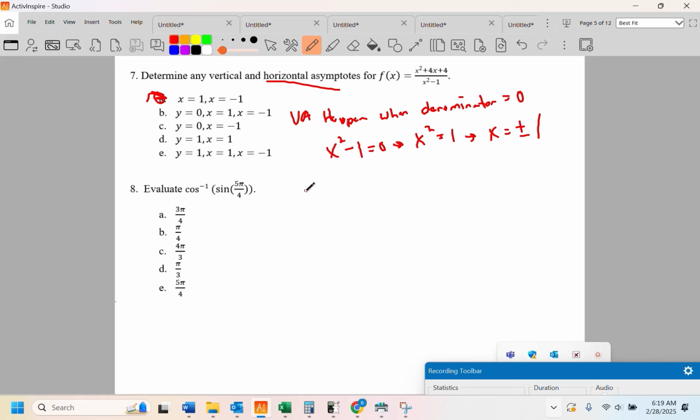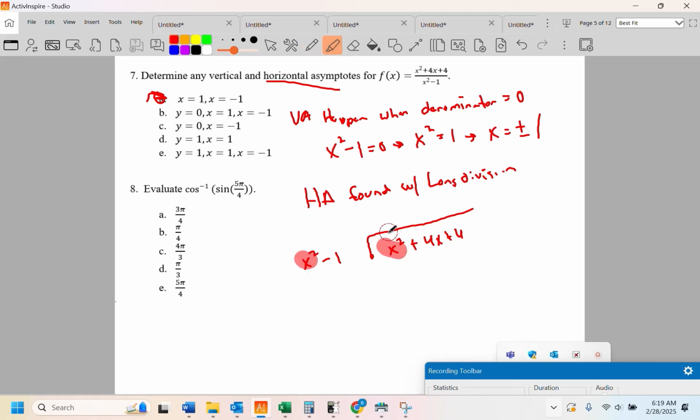I've said this hundreds of times, horizontal asymptotes are found with long division or memorization. And there's 3 rules about horizontal asymptotes that you can memorize. But anyways, you can always do long division. Always. This one's just going to be 1. So how do I turn an x squared into an x squared? Or how many times is x squared enter x squared? Then there's 1 time.